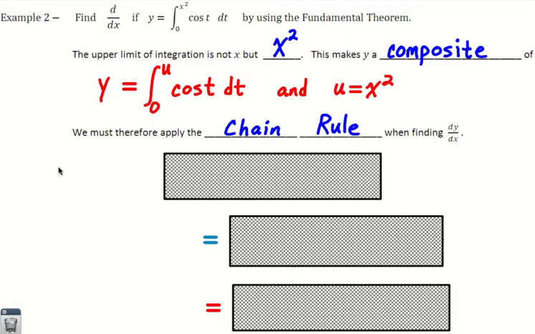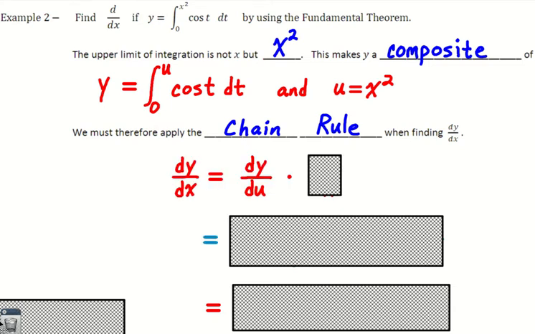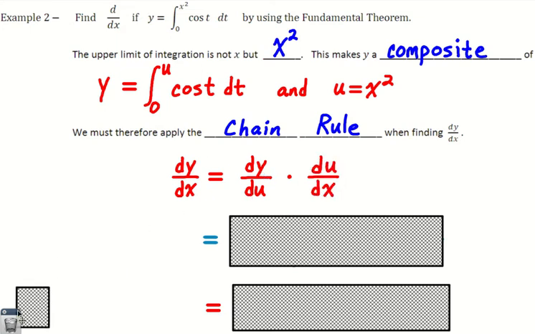We're going to be basically doing the same thing except applying the chain rule. As you know, dy dx is equal to dy du times du dx. A little bit of canceling here; we'll prove that kind of thing.